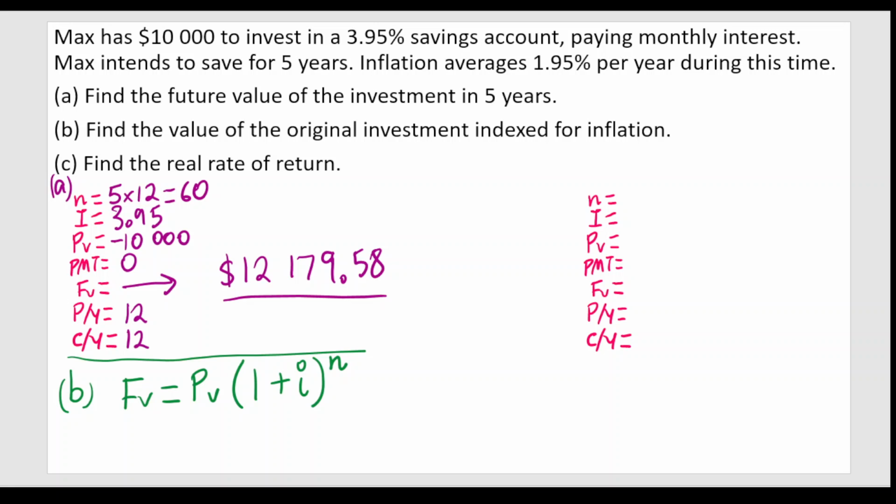When we look at part B, we've got this equation here, which is actually the compound interest equation, but we are sort of adapting it for the use of figuring out how much a certain amount of money is worth in 5 years' time.